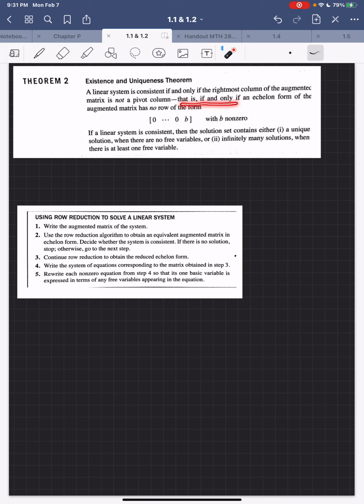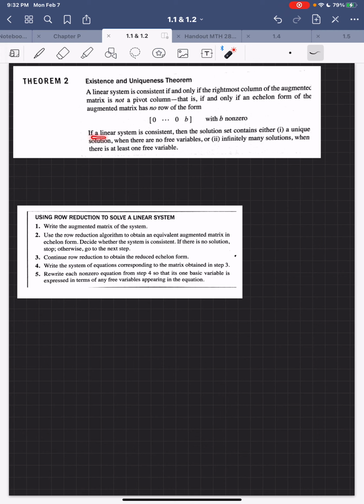That is, if and only if an echelon form of the augmented matrix has no rows of the following form, where b is any number but 0. So, for example, b could be 5. If you have anything like that, then we know that would be inconsistent, right? Because you can't add up zeros and arrive at some non-zero number.